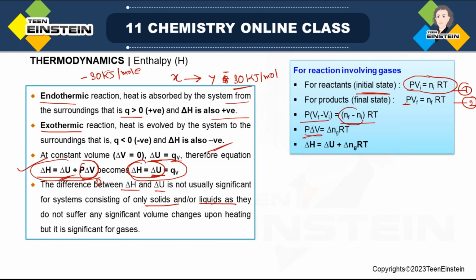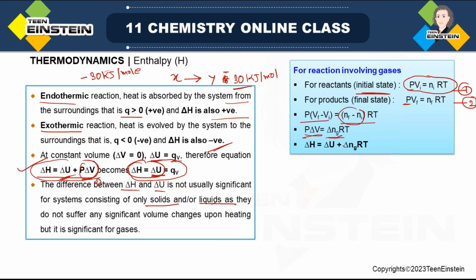Now this difference, that is the number of moles in the final state, that is the product side, minus the number of moles for the reactant side, that is the initial state, this difference we denote by del ng. The subscript g means it is gaseous substance. So that is why there is change in number of moles, only for gaseous substances, not for solid or liquid.